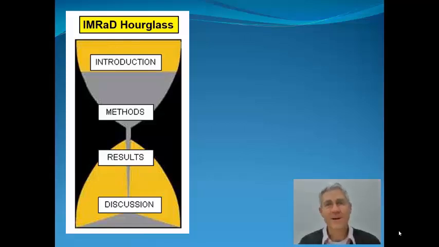This is Gary Pillar, and in this screencast, the second in the series on planning and preparing a manuscript for a short presentation, I will look in more practical terms at how to follow the IMRaD format, which, as I mentioned in the first screencast, has an hourglass structure, broad at the top and bottom, and narrow in the middle.